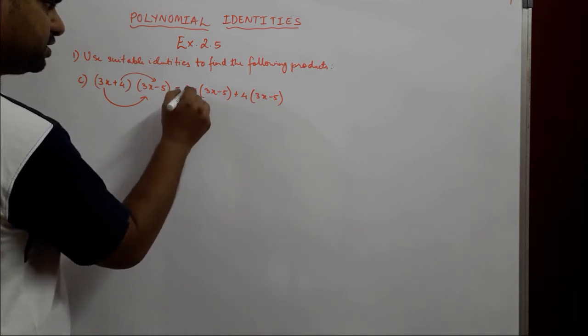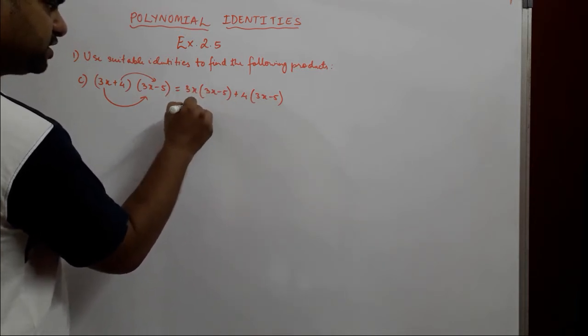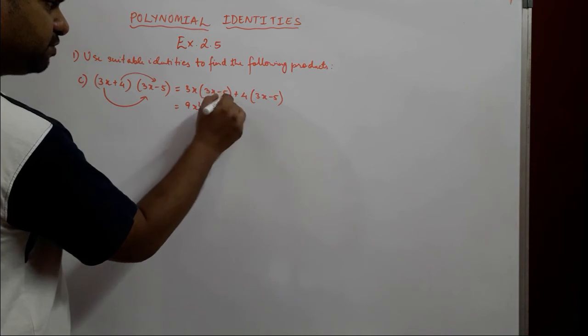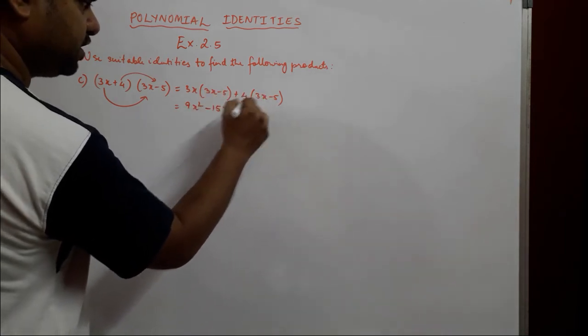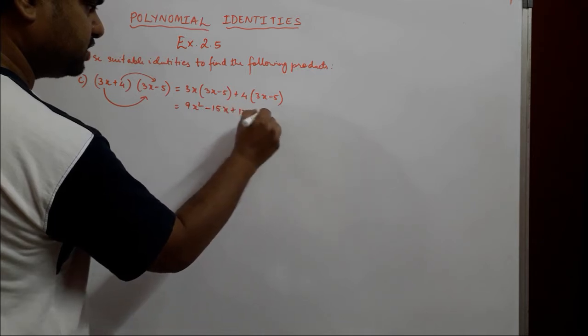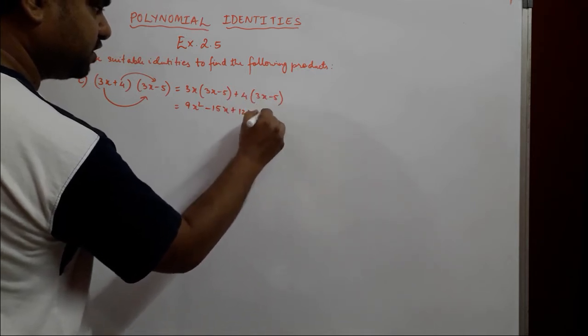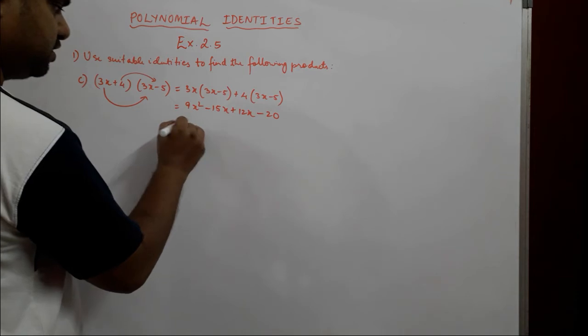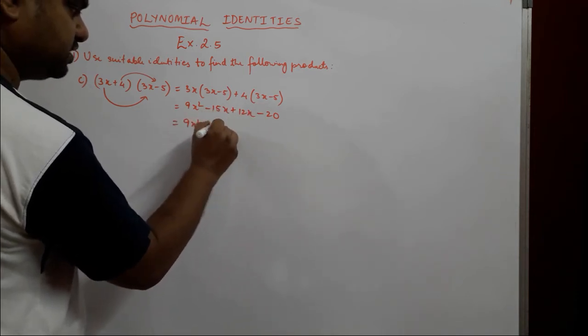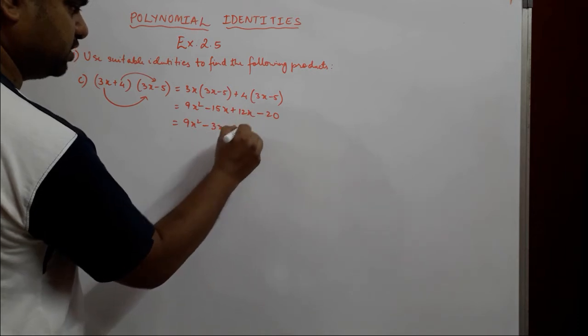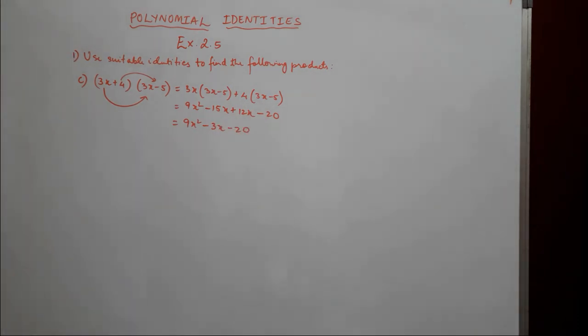We open the brackets. 3x into 3x gives us 9x square. 3x into minus 5 gives us minus 15x. 4 into 3x will give plus 12x. 4 into minus 5 gives us minus 20. 9x square, minus 15x plus 12x gives minus 3x, minus 20. The answer is 9x square minus 3x minus 20.